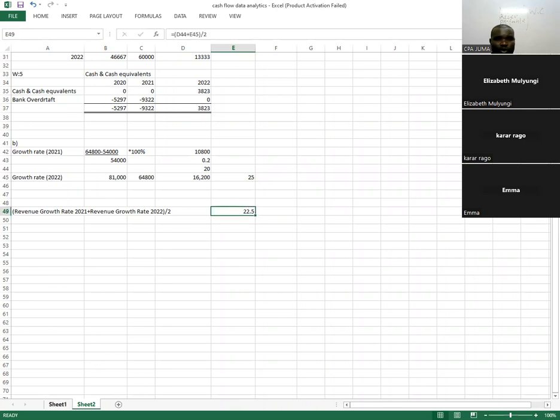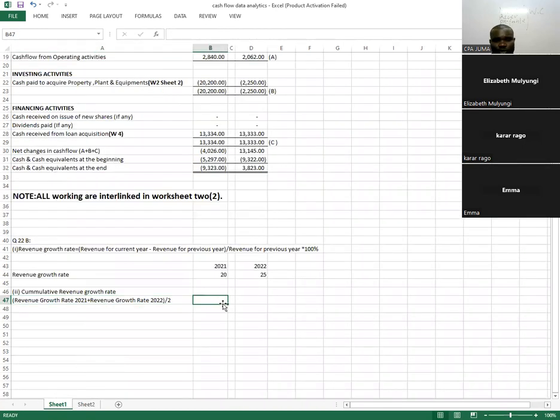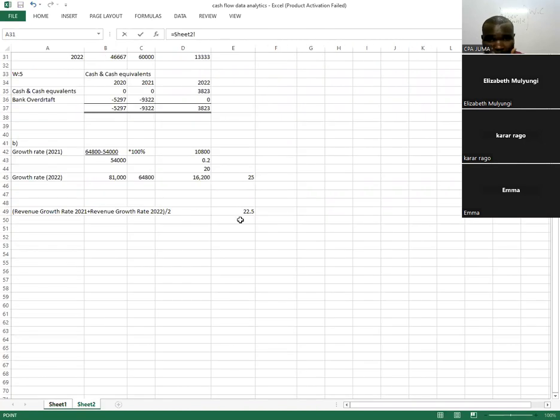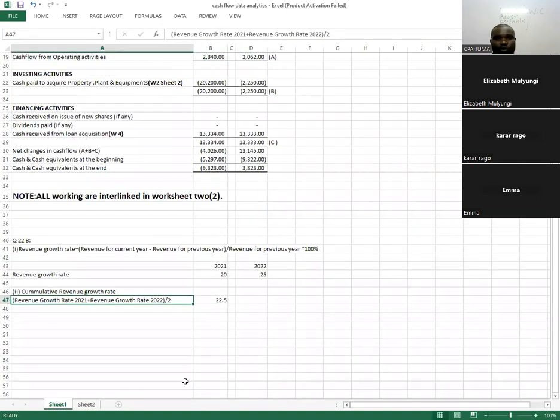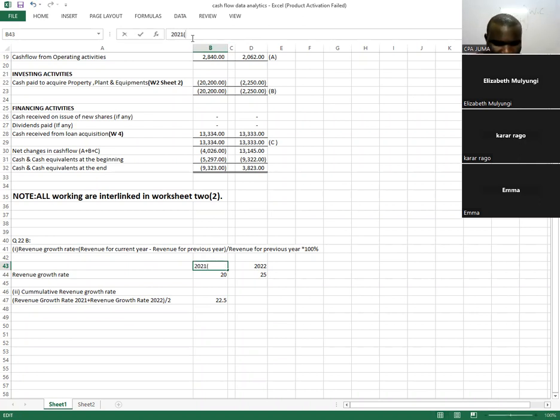So you bring that one here, equals to this one. Delete, enter, 22.5. This one you have to show which working, at least. Because these are formulas, so here in 2021, you do this bracket.